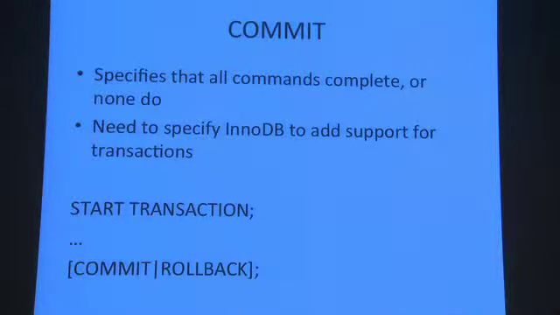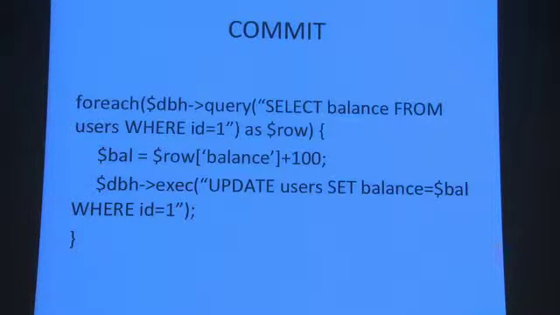And everything that happens between those 2 points will happen as one complete operation. So this is very rough code. This is not tested. This is just to give you an idea of what something might look like.